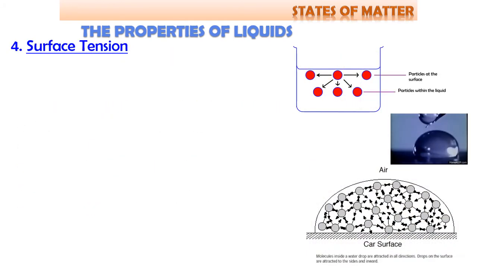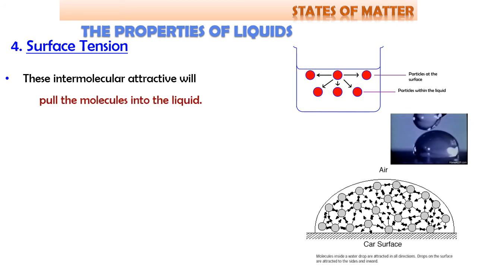So for the surface tension, these intermolecular forces of attraction will pull the molecules into the liquid, so there will be a pull from all directions. It will cause the surface to stretch and tighten.